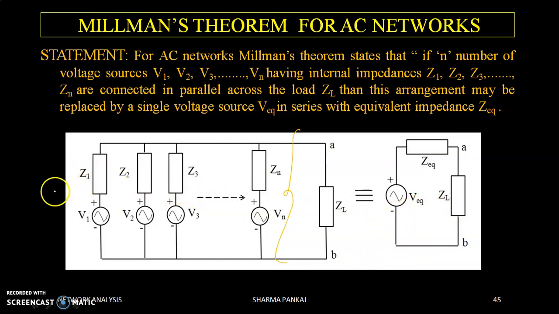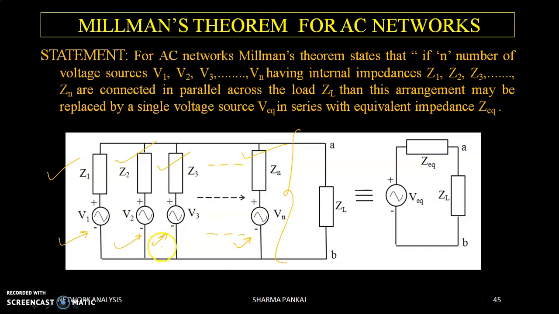We have n number of impedances: this is Z1, this is Z2, this is Z3, and up to Zn. These Z1, Z2 and Z3 are nothing but internal impedances of the voltage sources we have here, V1, V2, V3 and up to Vn.